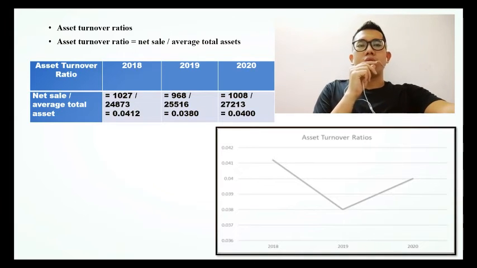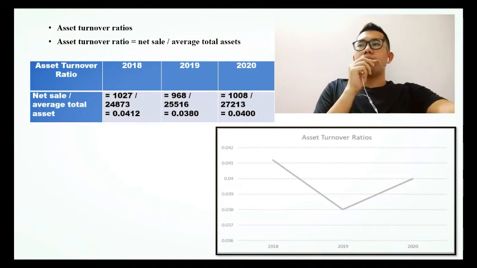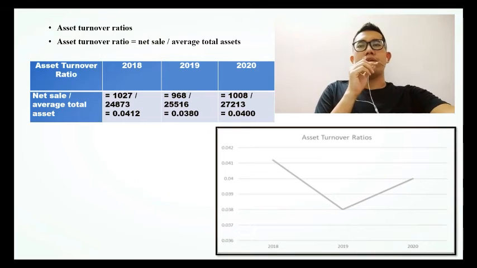For 2018, the asset turnover ratio can be seen as 0.0412, and in 2019 it slightly decreased to 0.0380, and in 2020 the asset turnover ratio increased a little bit to 0.0400.